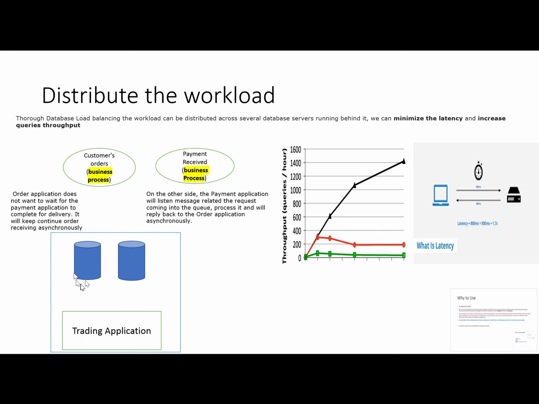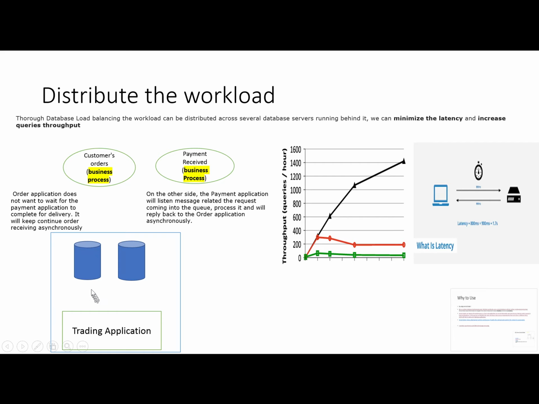So what it will do is, when the orders are generated by this application, this application will send the messages in the queue to the payment application. Now the payment application, when it receives the messages, will dequeue these messages and process them asynchronously, and then will respond back to the order application that the payment for a certain order is received or rejected, so that the delivery can be made.